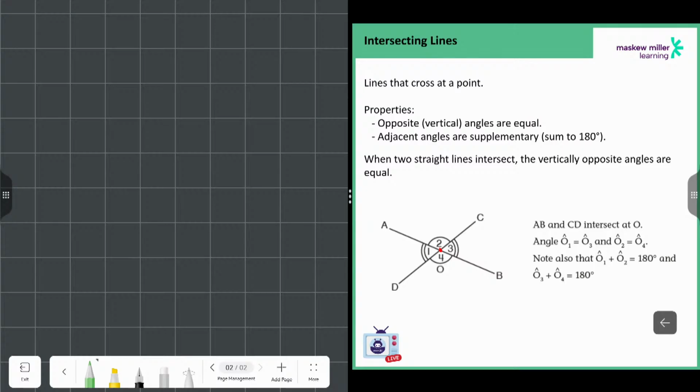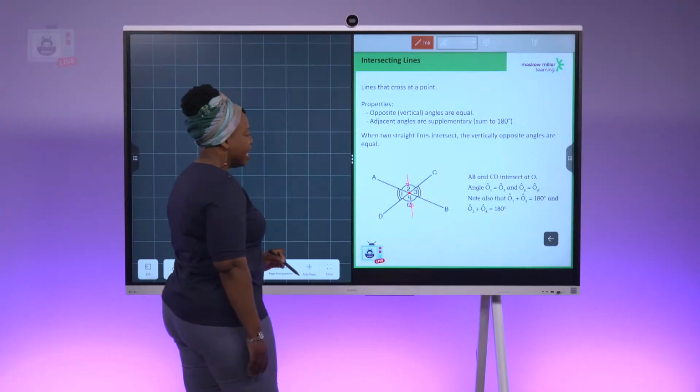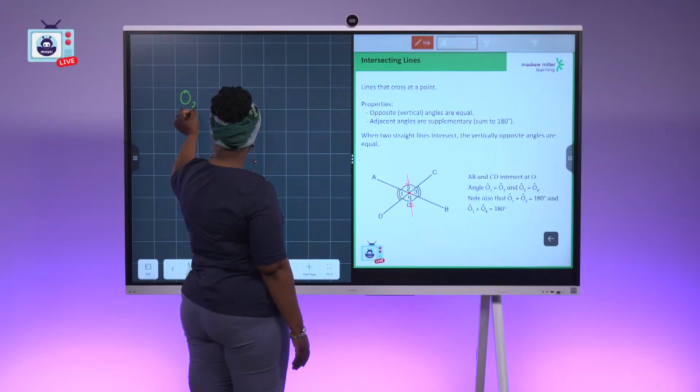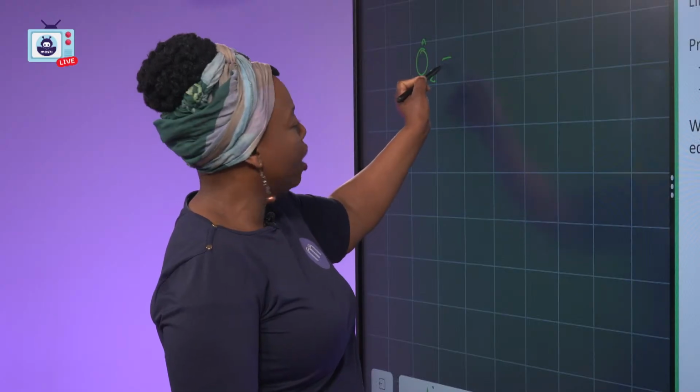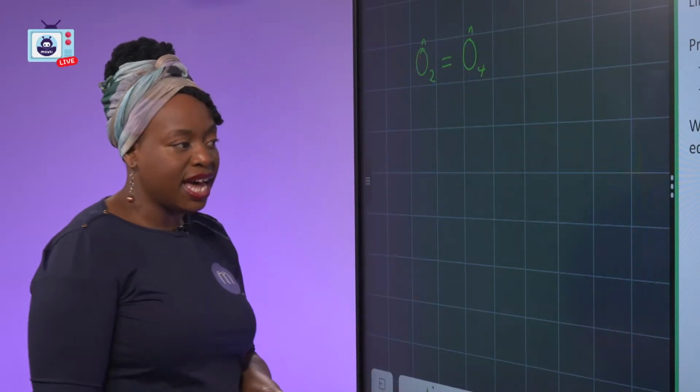So their properties, as I said, they will have something we call vertical opposite angles. Since these two angles are opposite to one another like that, we call them vertical opposite angles, and that simply means that angle O2 will be equal to angle O4. So that is how you will write it down, right?